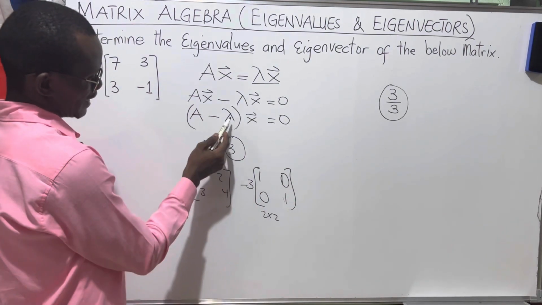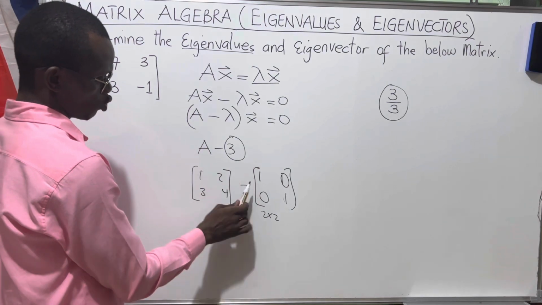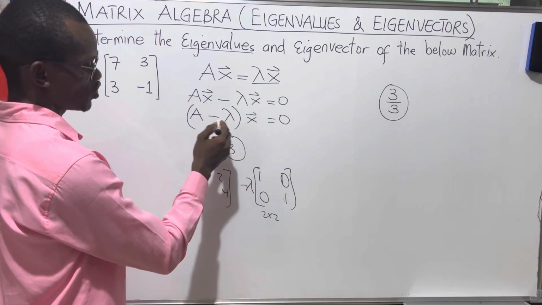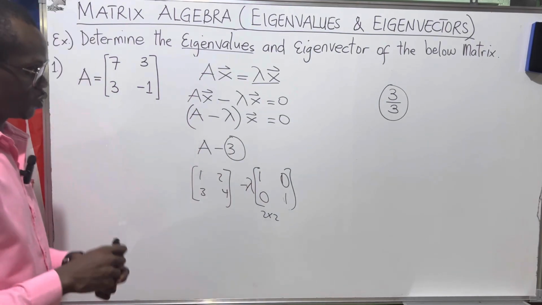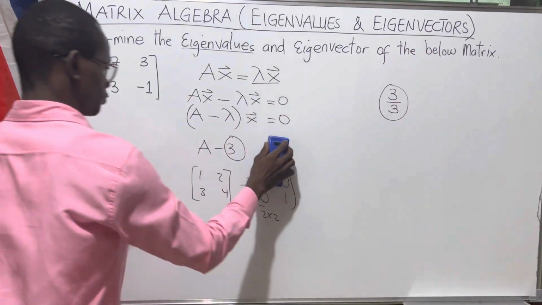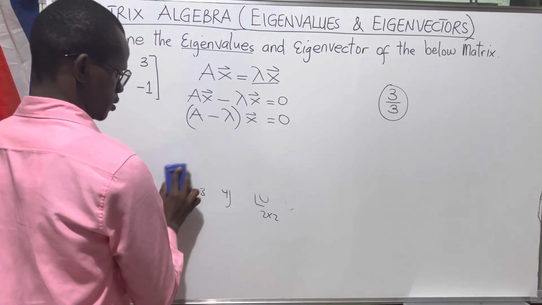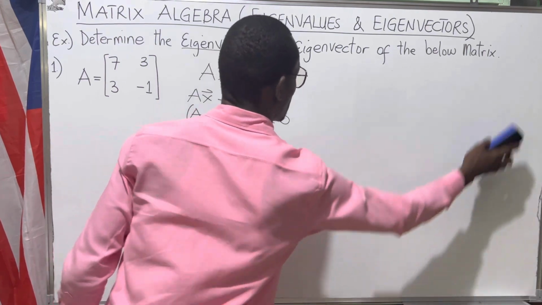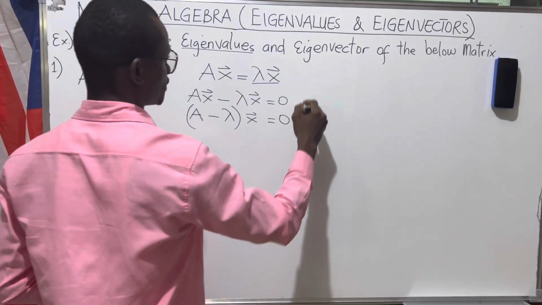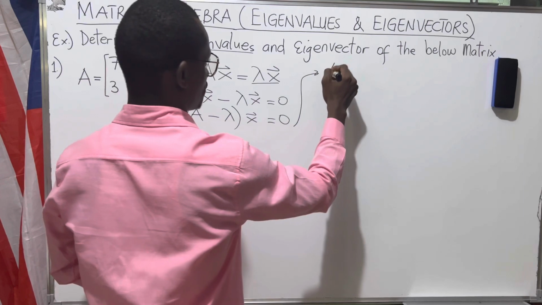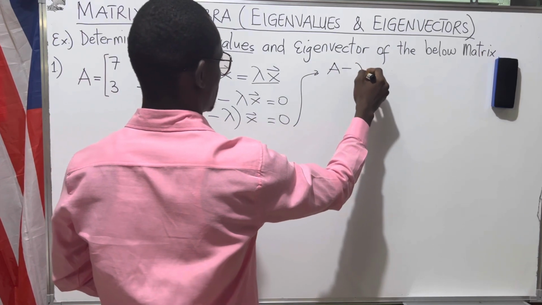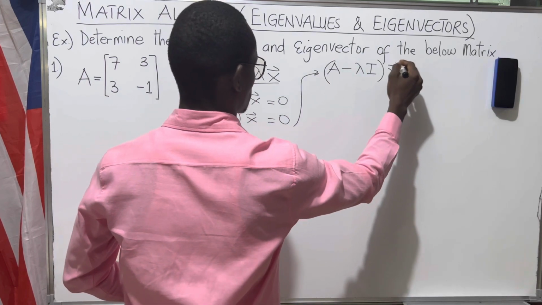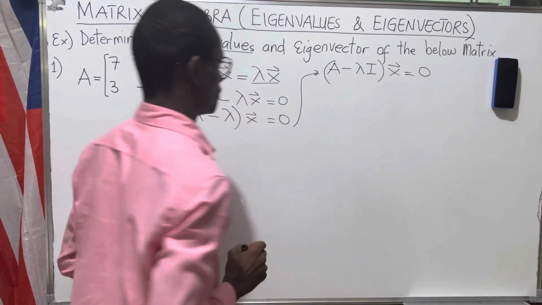We are going to attach this identity matrix to lambda, so that we can carry on the operation right within it. If we do that, we now have A minus lambda times I, times vector x, equals 0.